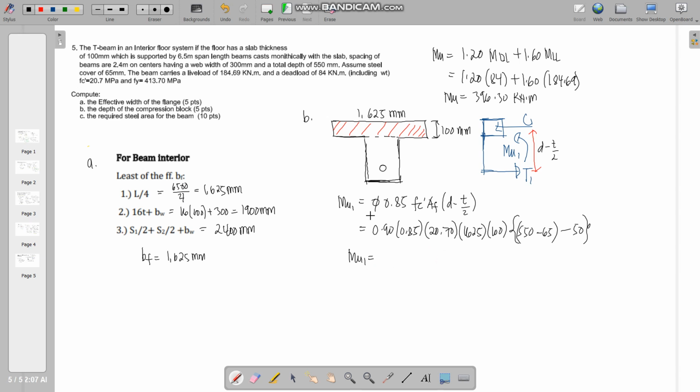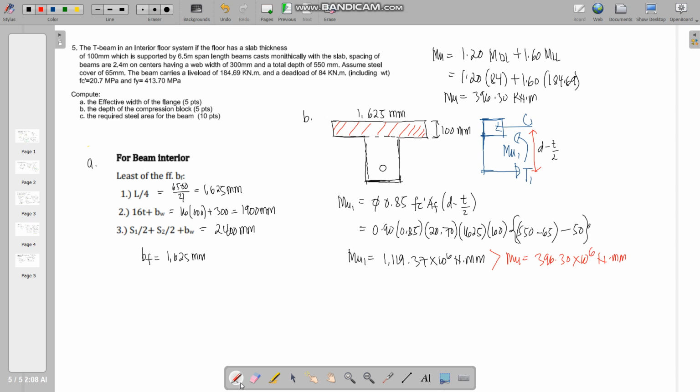So here we can calculate Mu1, which represents the moment capacity of the flange block here, hence giving us 1119.37 times 10 to the 6 Newton millimeters, which is greater than the required Mu, which is 396.3 times 10 to the 6 Newton millimeters.